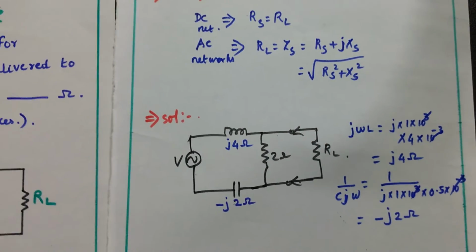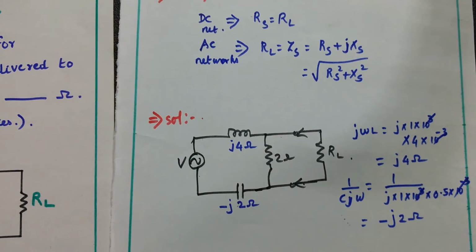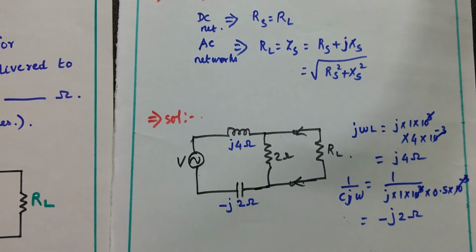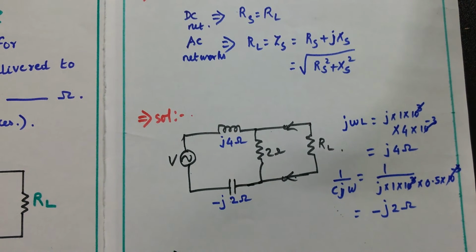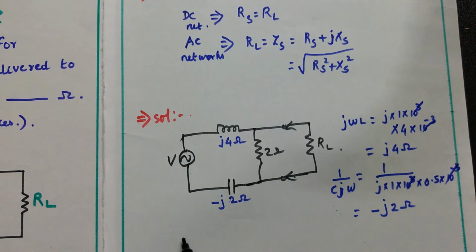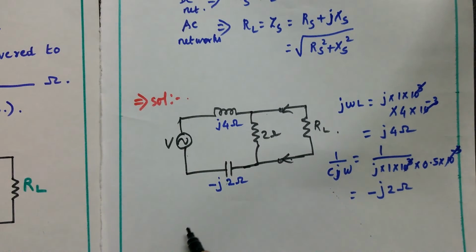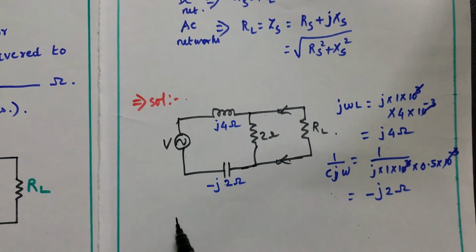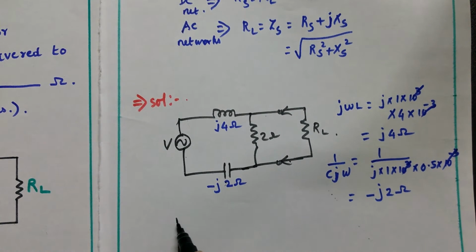To find the Thevenin impedance, now we are converting the circuit into the Thevenin circuit. Now the voltage source is short circuited.